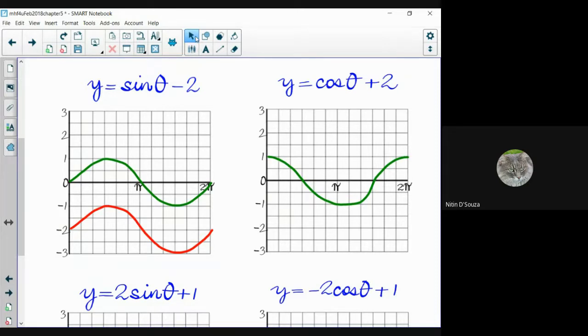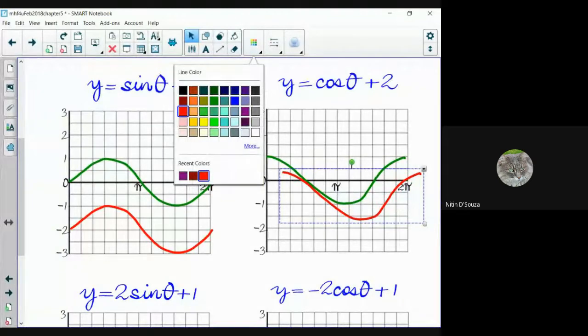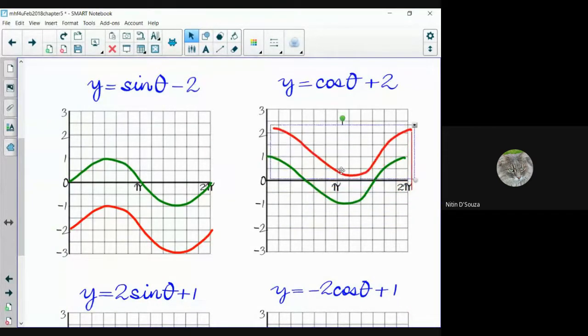All right, so all you're doing is taking this graph and moving it up 2 units. It's literally a copy and paste, and you're sliding it up. Okay.